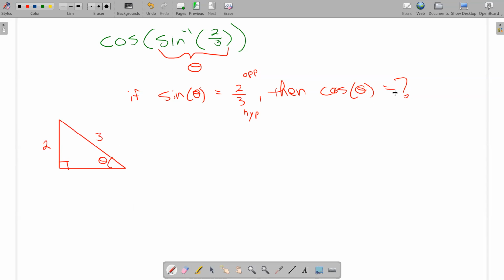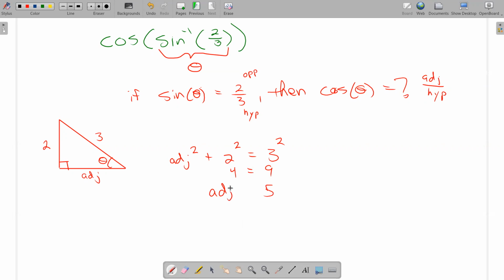Now the cosine, to figure that out, cosine is adjacent over hypotenuse. So I just need to know, what is this adjacent side here? Pythagorean theorem helps us figure that out. Pythagorean theorem says if we take that adjacent side squared, add it to the opposite side squared, that ought to be the hypotenuse squared. So 4, 9, subtract the 4 over, we get a 5.